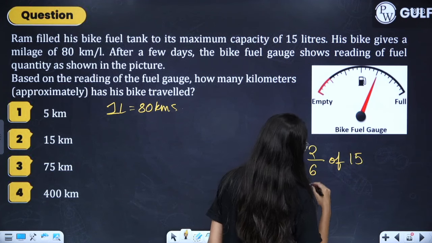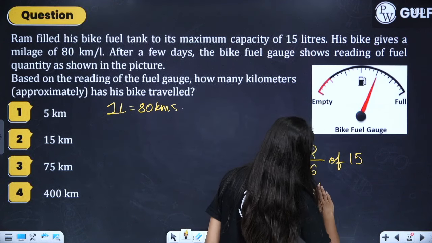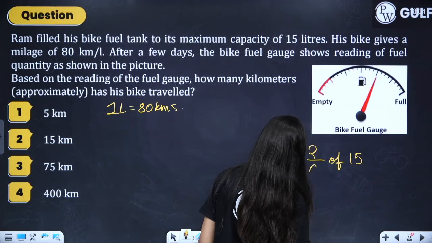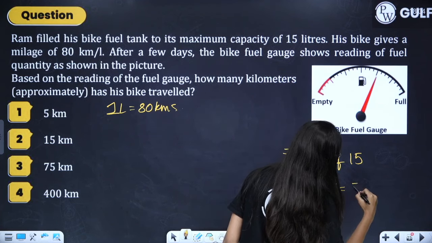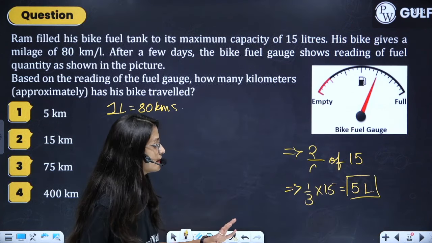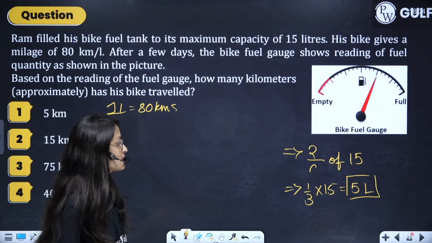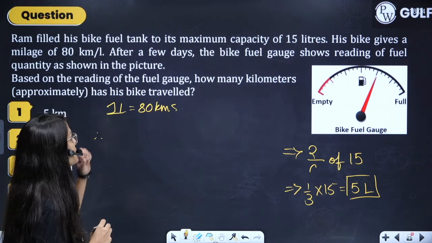So that would be 1 by 3 of 15, which will give me 5 liters. He has completed 5 liters. Therefore, we need to convert this 5 liters into kilometers.